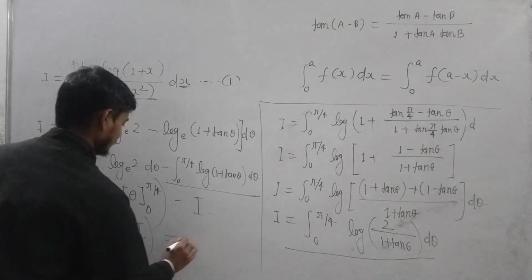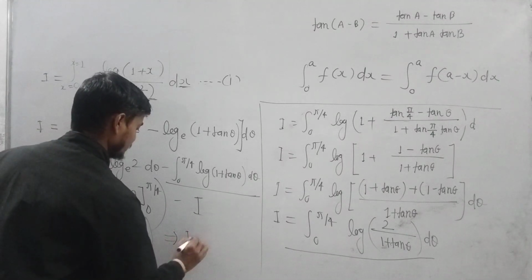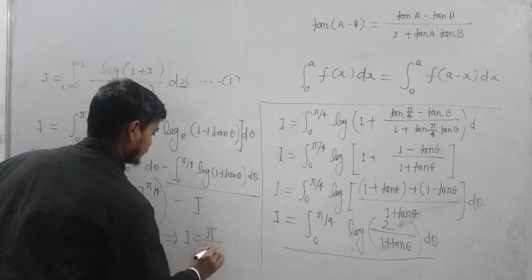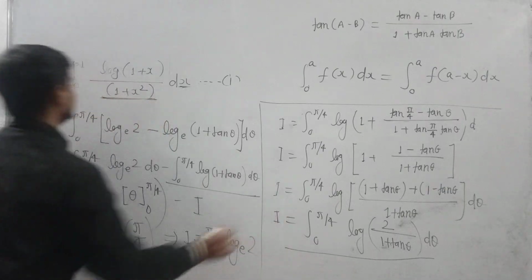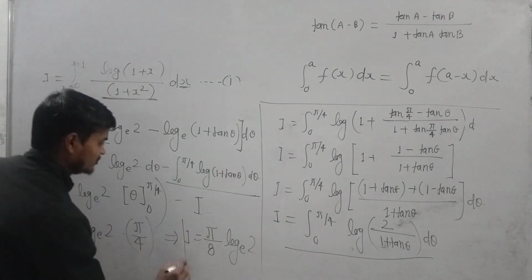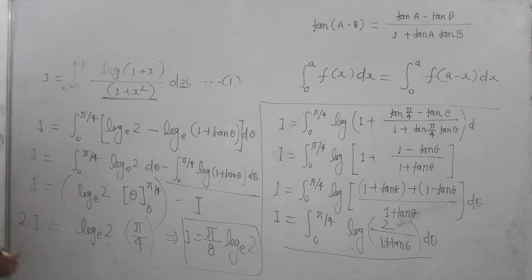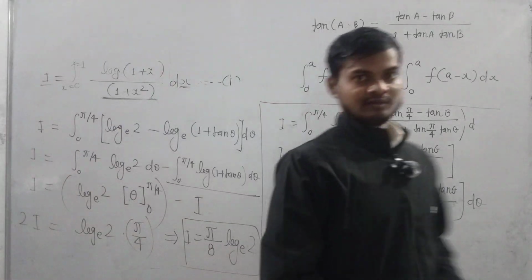This implies that I is equal to pi by 8 log 2. Putting this value in equation 1, we get the complete solution. Thank you.